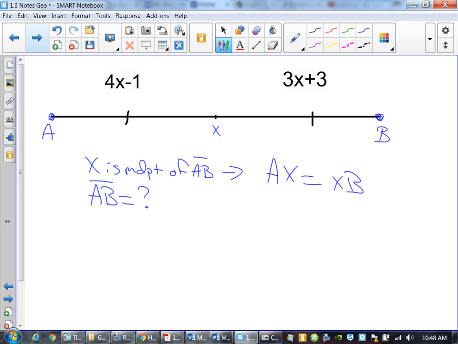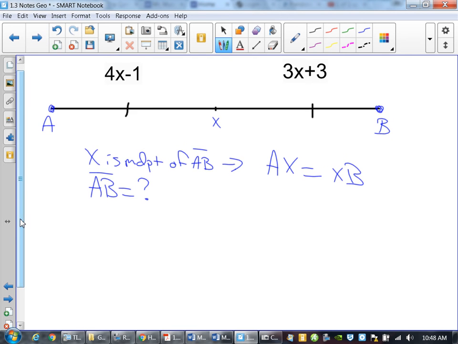Well, what does AX equal in this diagram? What does XB stand for?